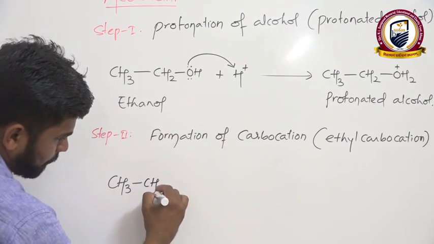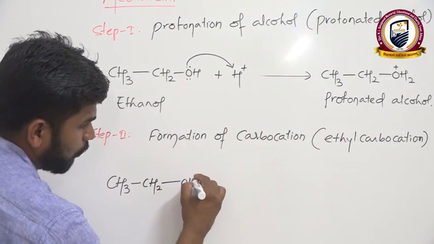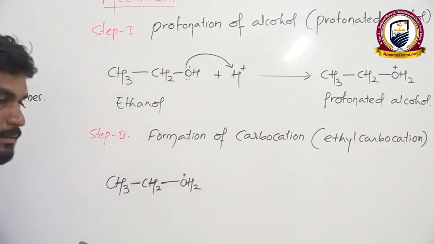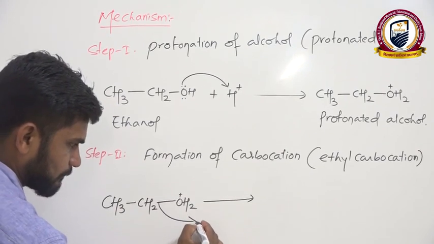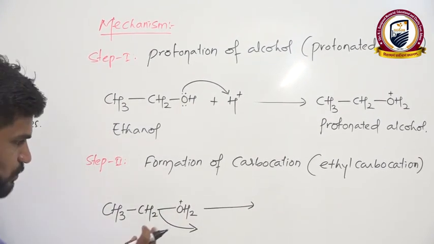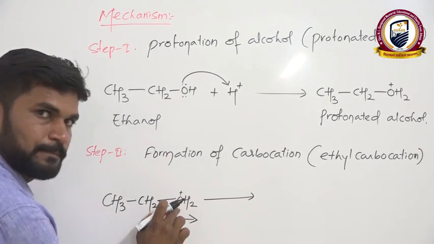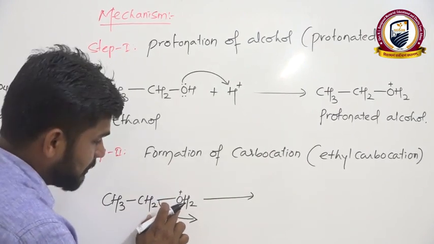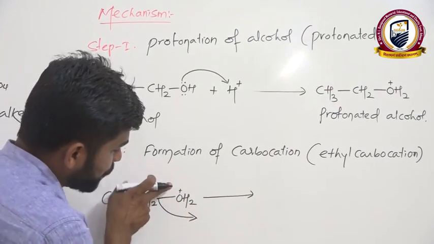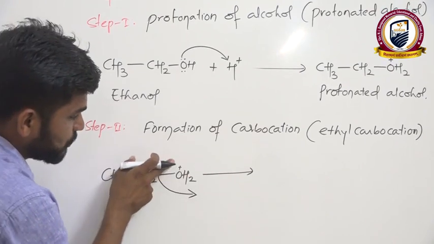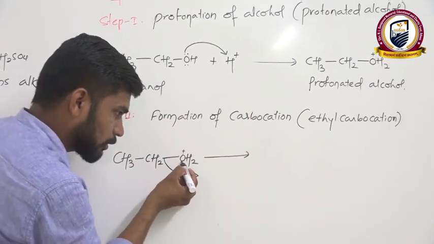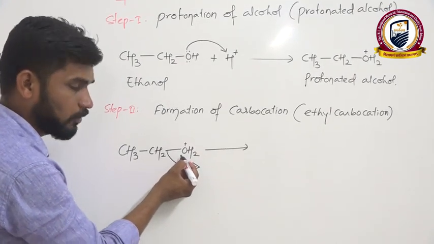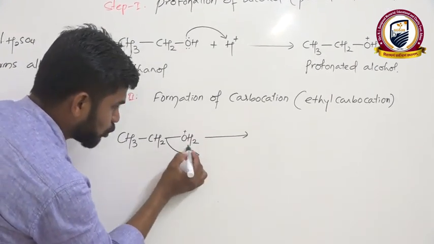See here the reaction: CH3CH2OH2 plus. In this step, elimination of water takes place. If this wants to become stable, we should remove this positive charge. So this positive charge is removed by giving these bond pair electrons to the oxygen atom. Therefore, there is elimination of water, H2O.